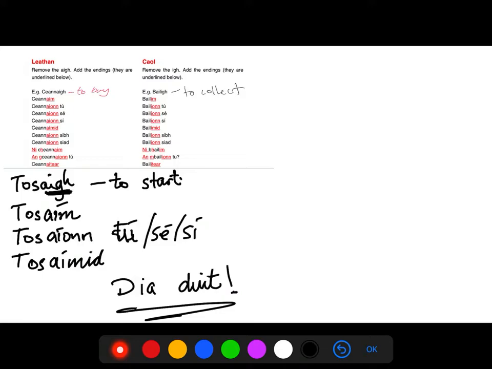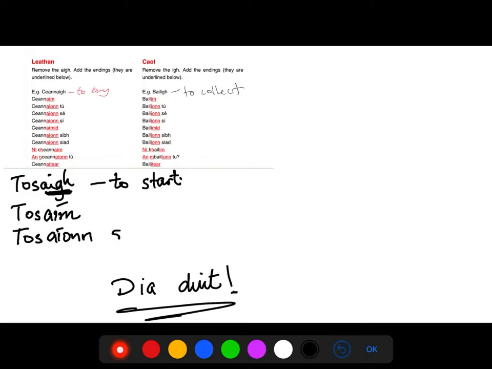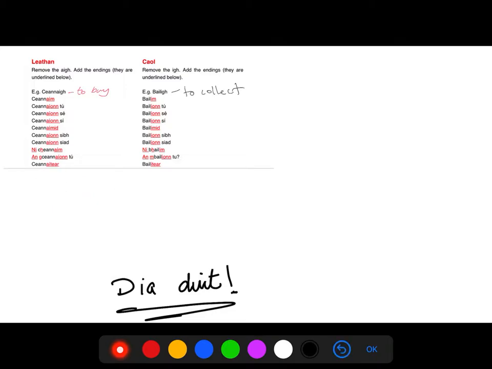So let's have a look at a slender one as well. In this case, we'll do Éirigh, to get up. Okay, so Éirigh, to get up, is the IGH ending, so we know that it's slender.